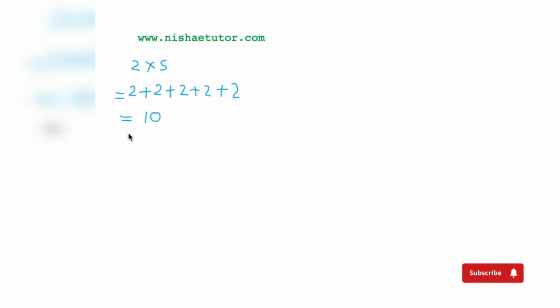Okay. Or we can take another example: 5 times 2, which means 5 comes 2 times. 5 plus 5. 5 is repeating addition here. So 5 plus 5 is 10.